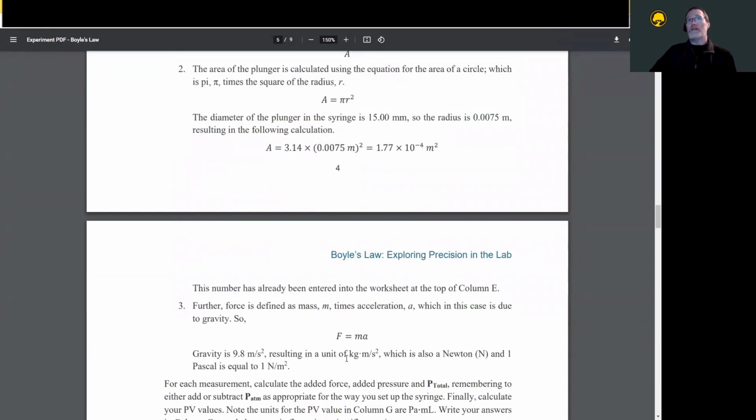The force, from a physics class, we would learn that force is mass times acceleration. As we're adding these weights on top of the syringe, we know their mass because they're labeled in kilograms. The acceleration that they're experiencing is just the pull of gravity, which on Earth is 9.8 meters per second every second.